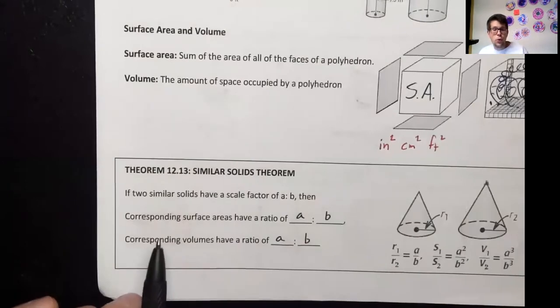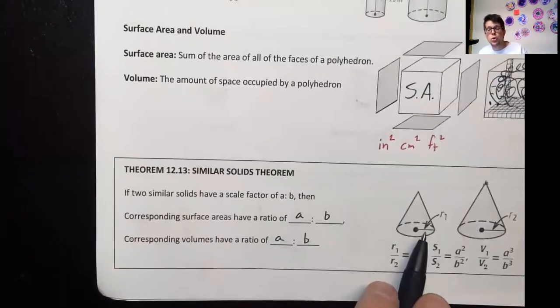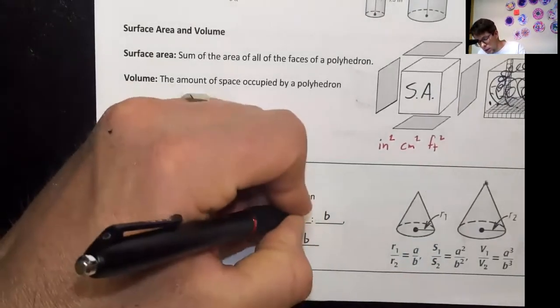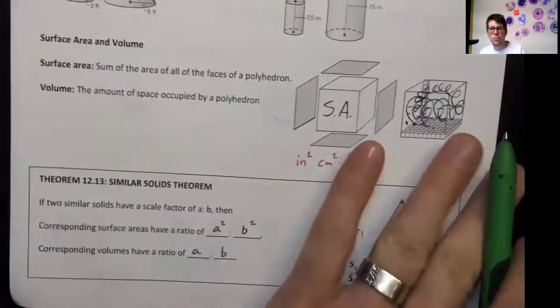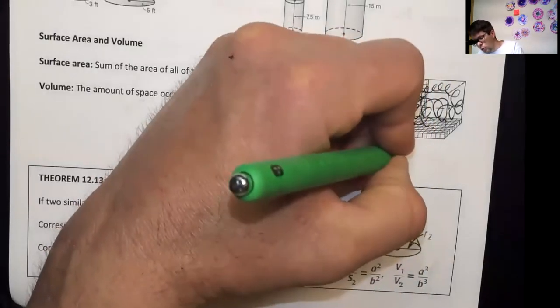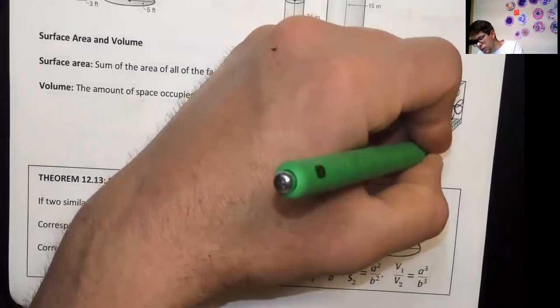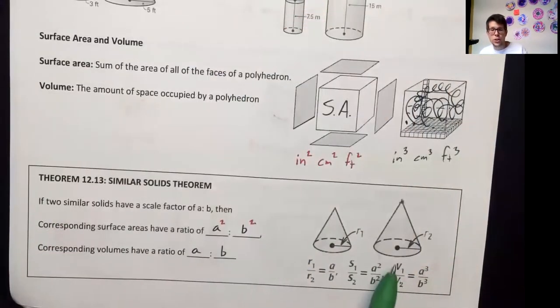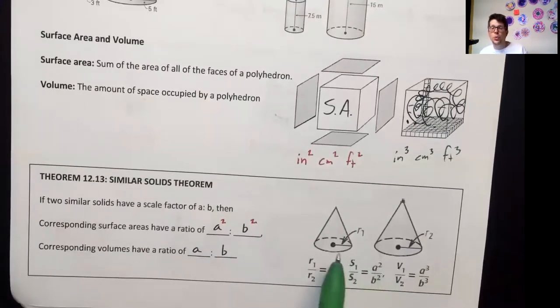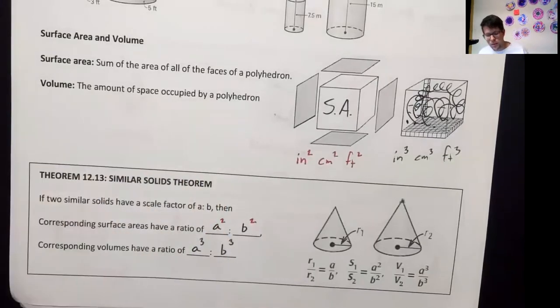And so if you are creating a ratio using surface areas, then that ratio is going to be equivalent to your linear distances as long as they have been squared. Same kind of thing happens for volume. When you are calculating volume, your units for your final answers are going to be something like inches cubed, centimeters cubed, or feet cubed. And so if you are creating a ratio of volumes, it is equal to your ratio of side lengths, but that ratio of side lengths must be cubed.